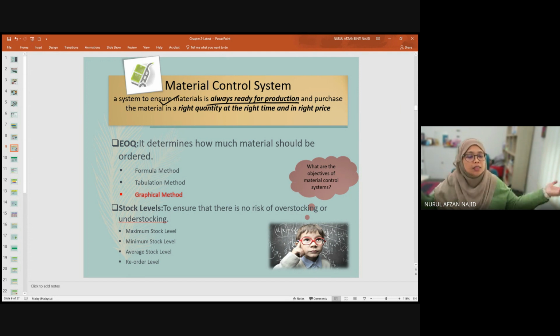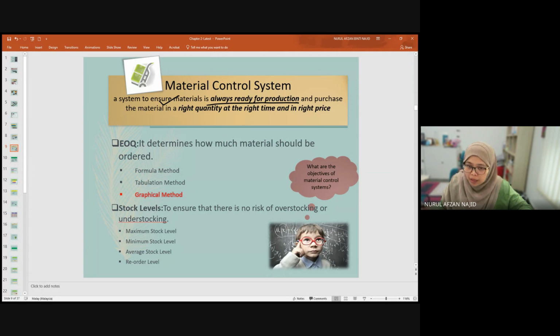You bukan manager, supervisor and so on tau. As a storekeeper, you kena pastikan material always ready for production. Kalau flour tu dah tinggal sikit, nak kena order. Berapa banyak nak kena order ni? So this is the function of the storekeeper.